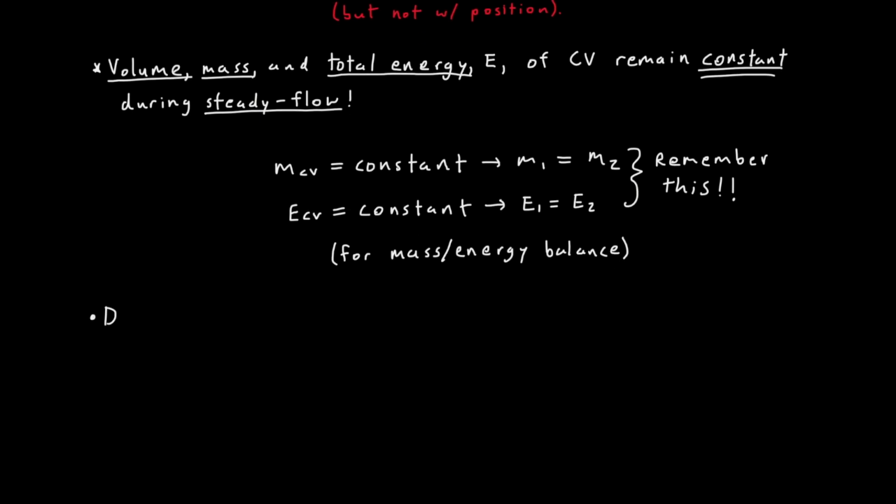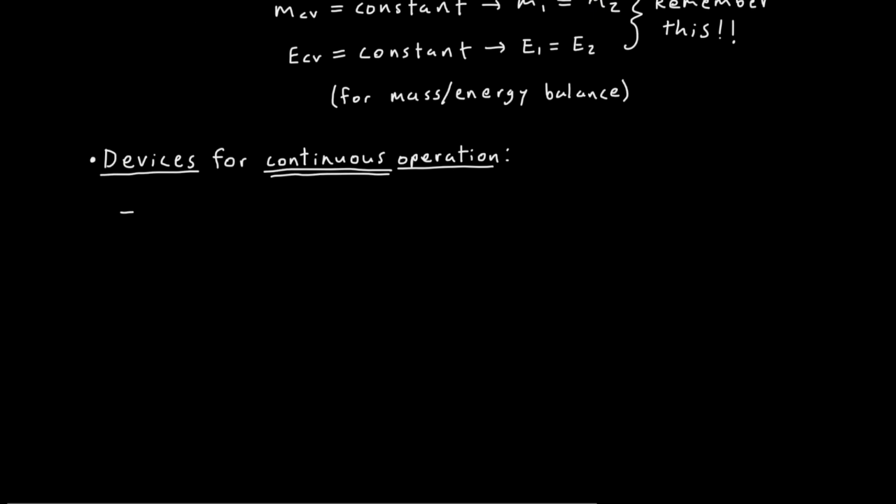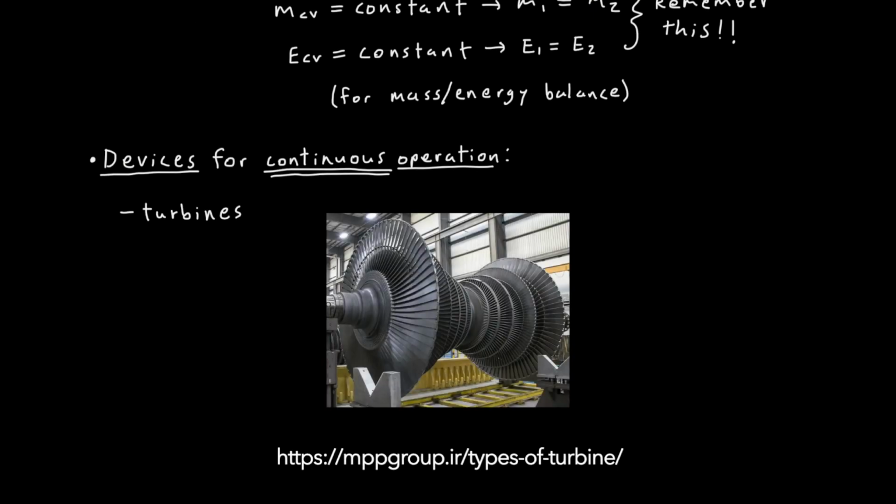Next, let's go ahead and look at a few common devices that are used for continuous operation, which are devices that are typically used in thermal power plants. Now, one of these devices is turbines, which are, of course, very iconic in industry, as they have various applications, from power plants to airplanes.